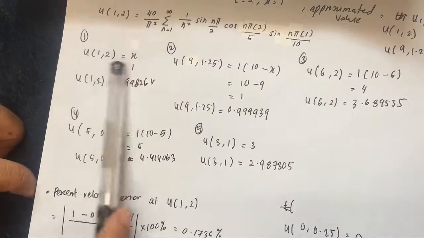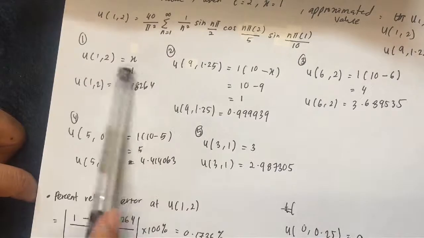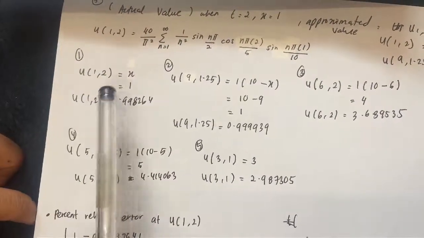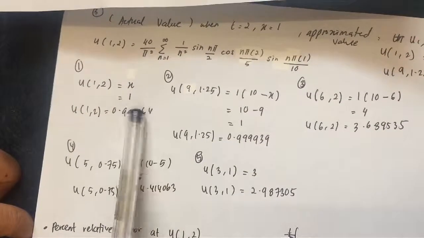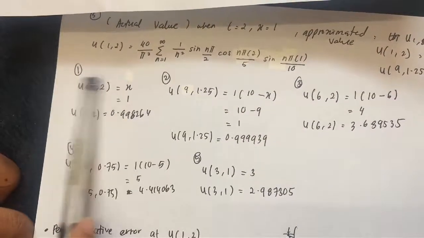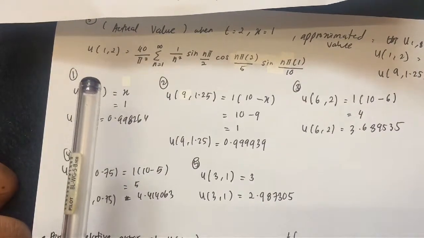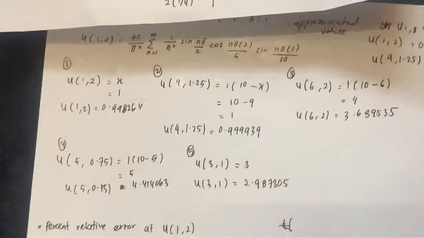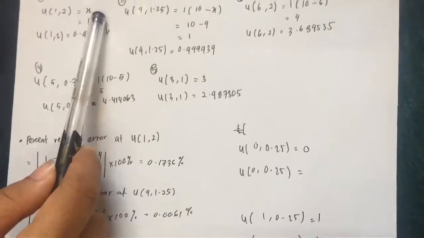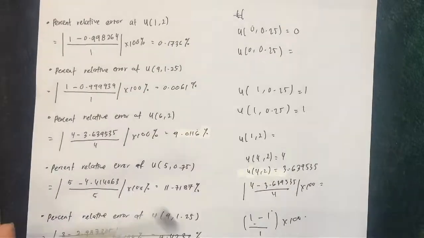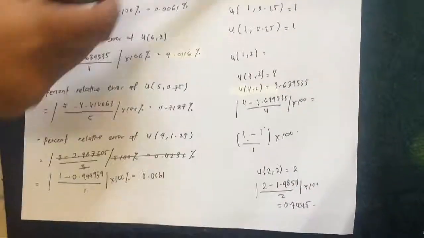This is the analytical, the actual value, and the approximate value at u12 is equal to 0.998264. It's based on the grid point that we already constructed in Excel. And then when we got this, we subtract it, and then times 100, and we got 0.1736%.